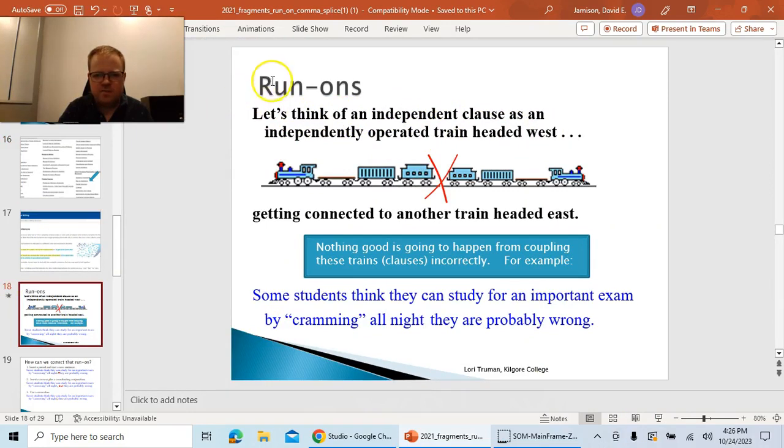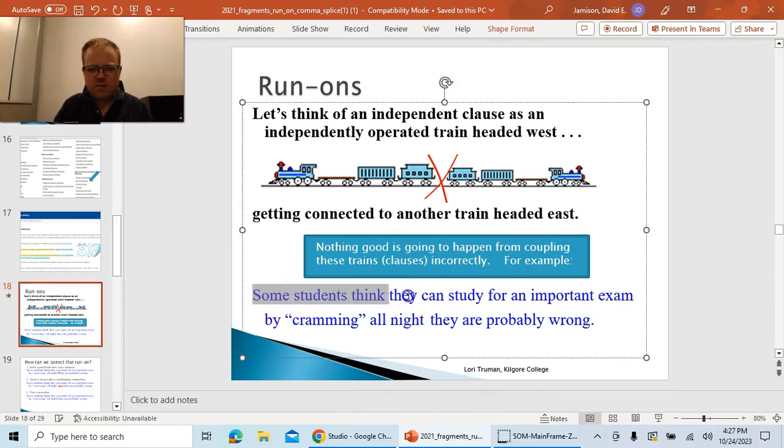Let's think of an independent clause as an independently operated train headed west, getting connected to another train headed east. Nothing good is going to happen from coupling these clauses incorrectly. Some students think they can study for an important exam by cramming all night.